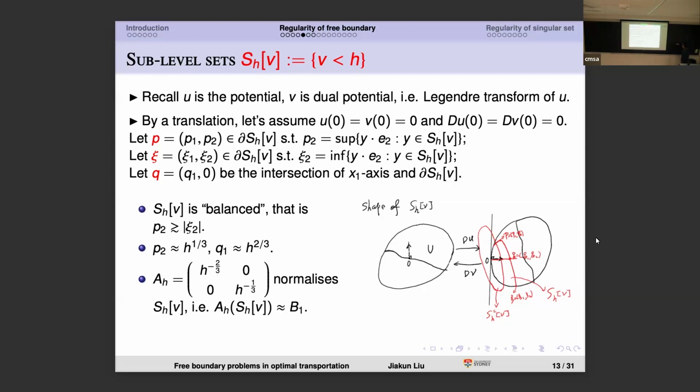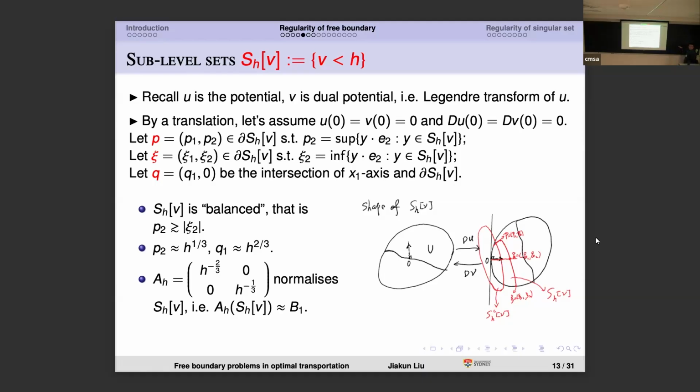So what does level set mean? If we have a convex function, and at the origin it's a minimum, now we lift this tangent plane by h. Here is h, and we cut the graph of the function v. You cut the graph and do the projection, and you have a convex domain here. That is called the level set.